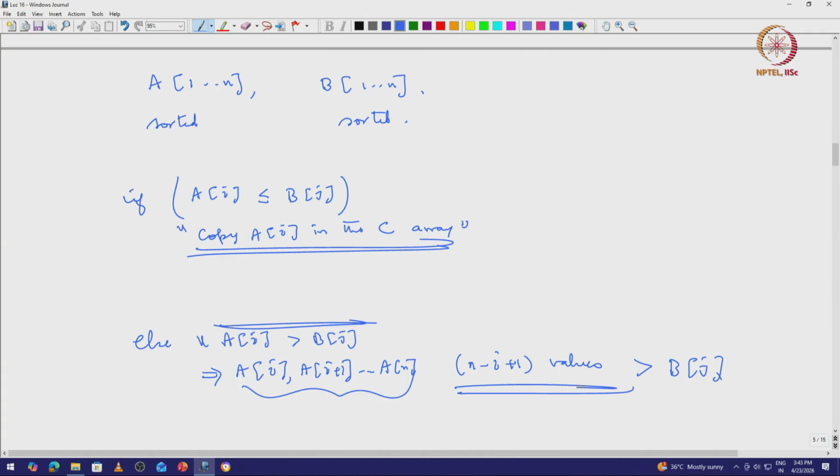Okay. So, I know how many elements in the left are larger than the elements in the right, for each index. All right. So, we are going to simply execute the merge routine. Okay?